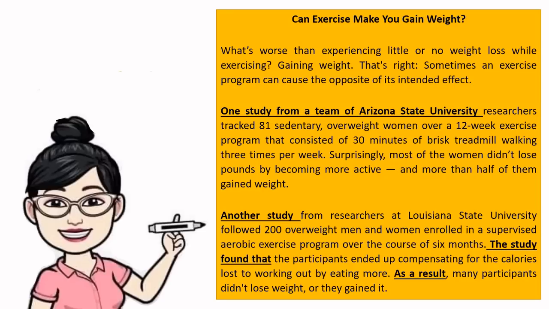Another study from researchers at Louisiana State University followed 200 overweight men and women enrolled in a supervised aerobic exercise program over the course of 6 months. The study found that the participants ended up compensating for the calories lost to working out by eating more. As a result, many participants didn't lose weight, or they gained it.